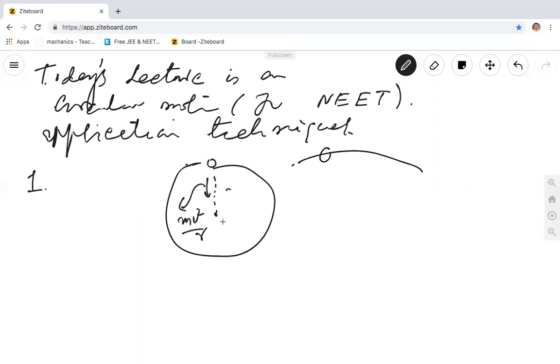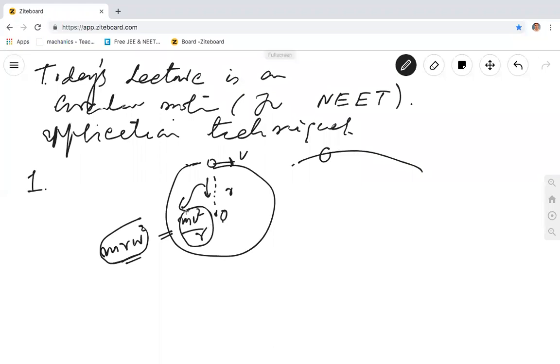Here r is the radius of the circle and v is the speed, or that force is equal to m r omega square. Remember that this force is a requirement towards the center. If you want a particle to move in a circle, you need to provide this force towards the center. This force must be provided by certain agents.